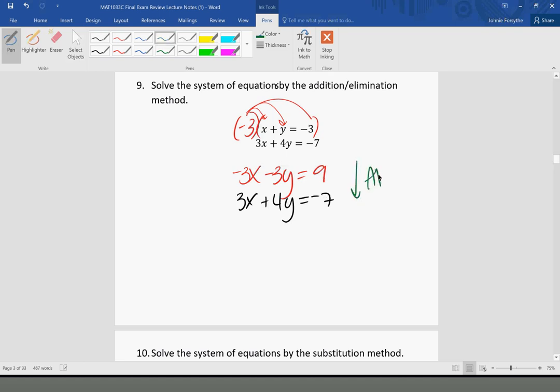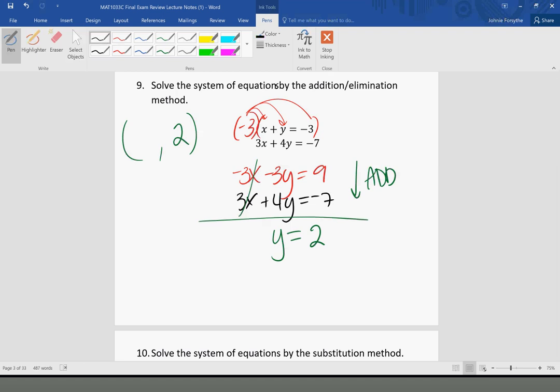And then now I'm going to add those equations. So negative 3x plus 3x cancels out. Negative 3y plus 4y is positive y equals 9 minus 7, which is 2. So y equals 2 is half of your solution.